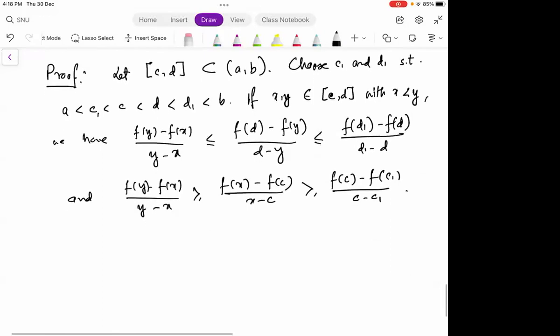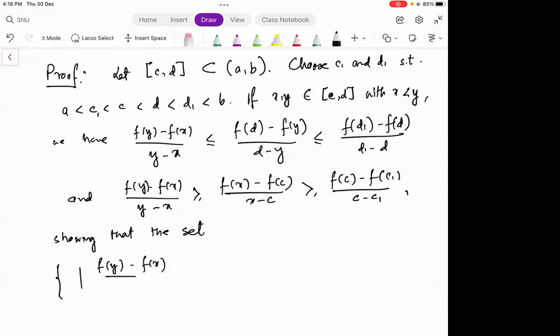Okay. Showing that the set is bounded. Well, x and y are arbitrary.